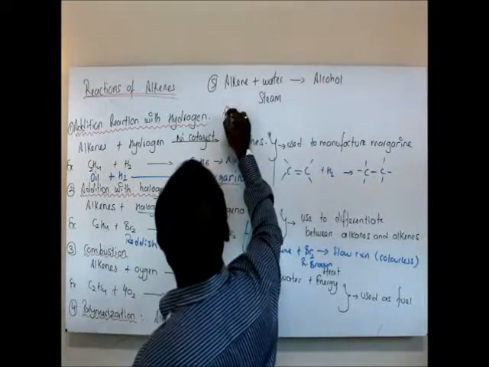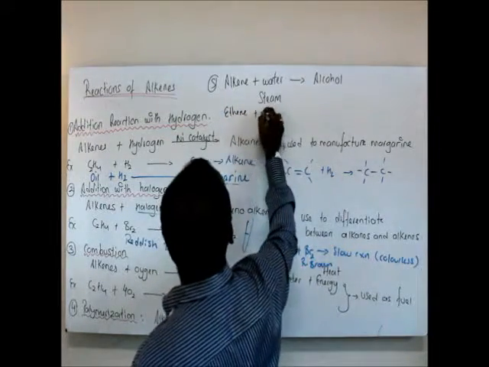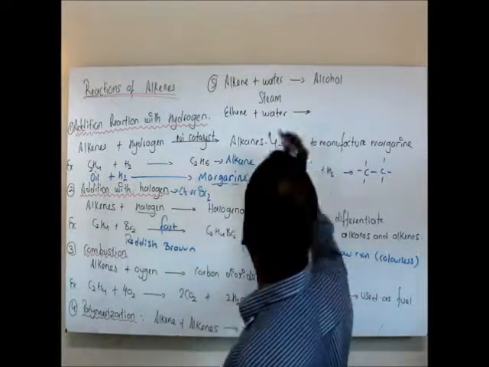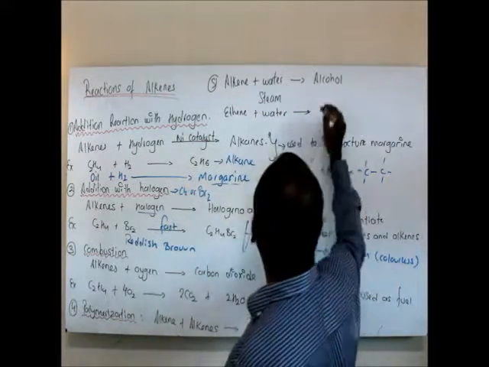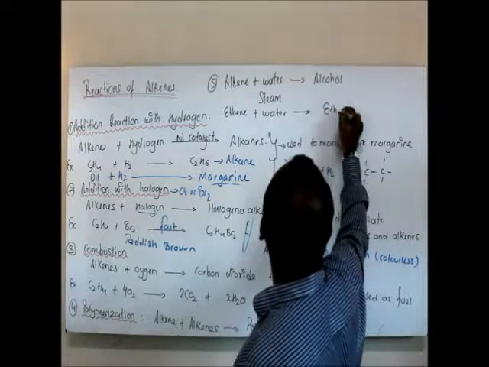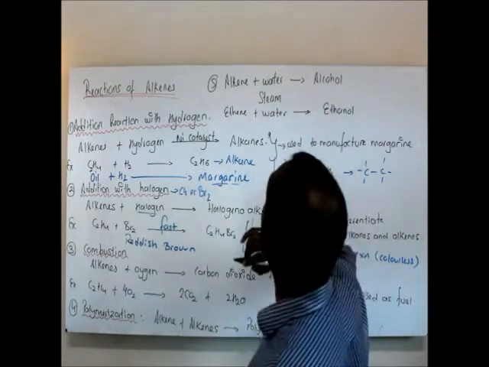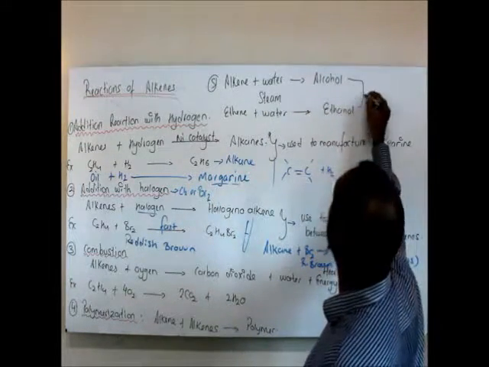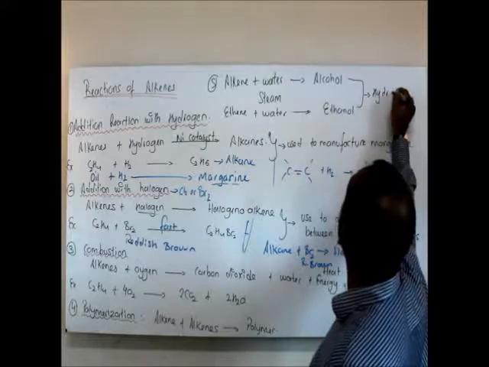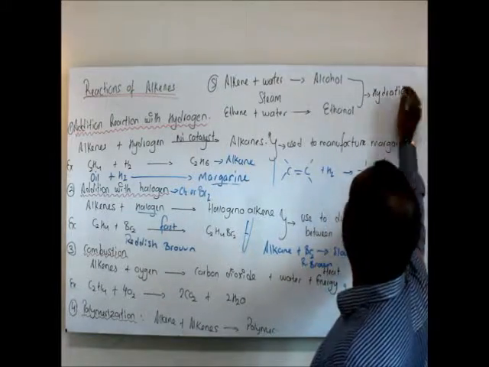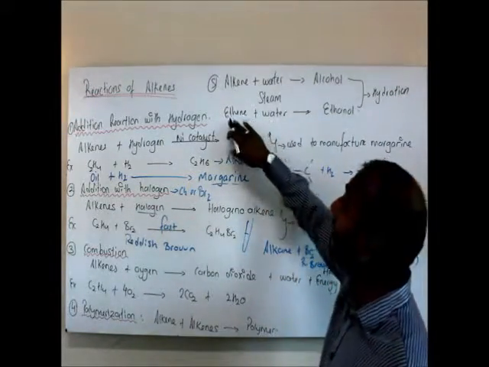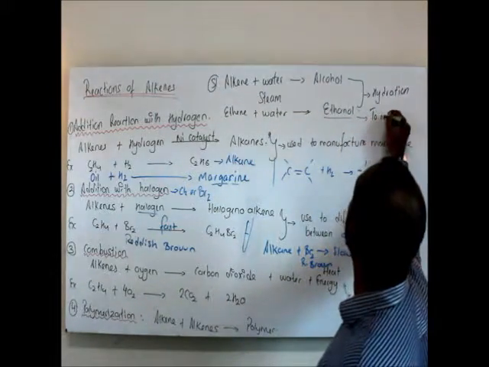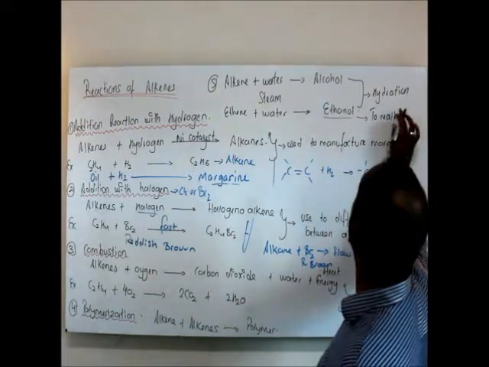Say for example you take ethene, you add water, and the catalyst used in this reaction is phosphoric acid, you will get ethanol. Since we are adding water, it is called a hydration reaction. And what is the importance of such a reaction? This reaction is used to manufacture alcohol in industry.